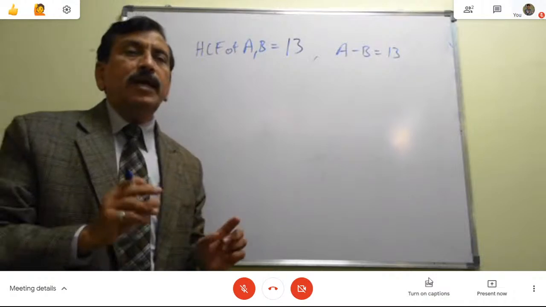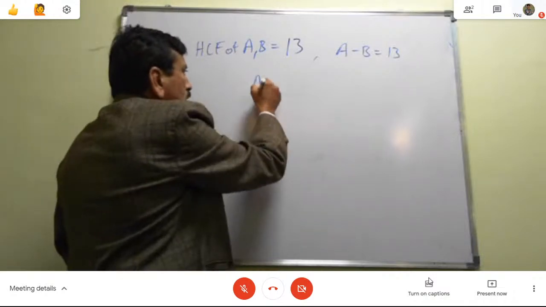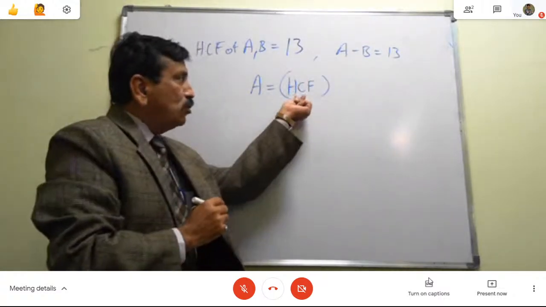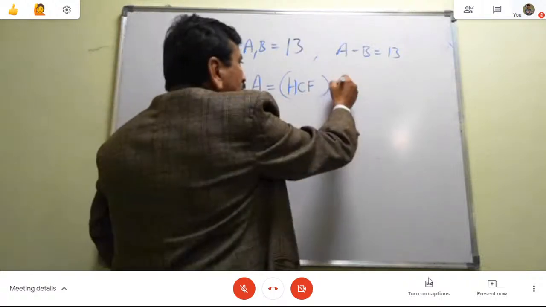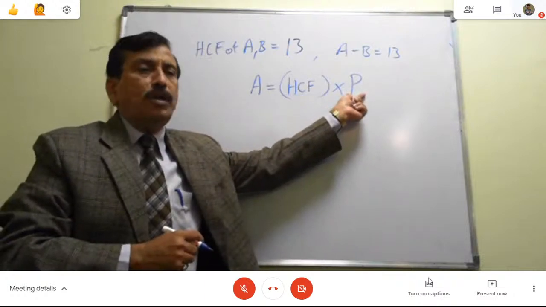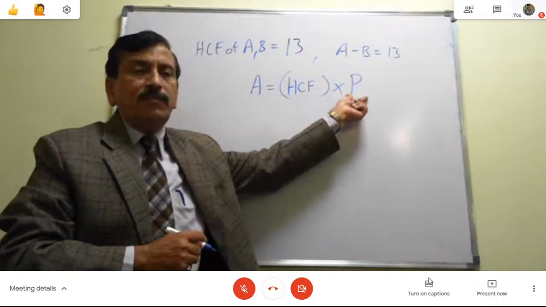HCF is the highest common factor. So A will have the HCF as the highest common factor shared with B, and it may have another factor which is distinct, which is not shared with B. So this is the common factor, this is the uncommon factor.